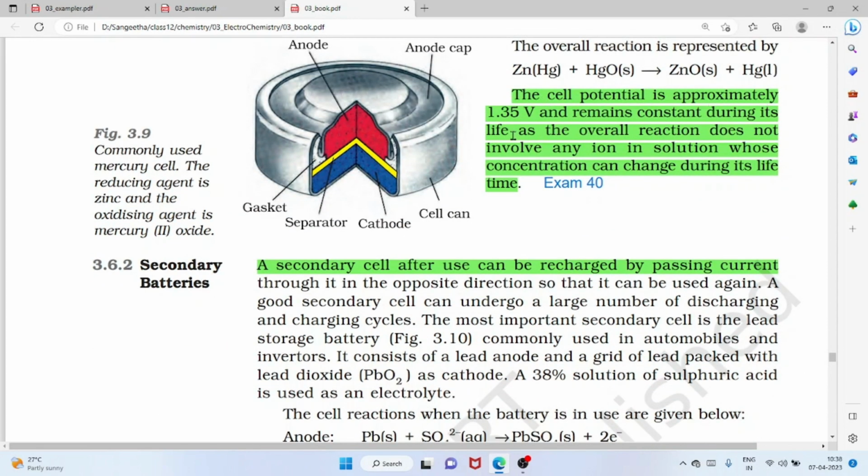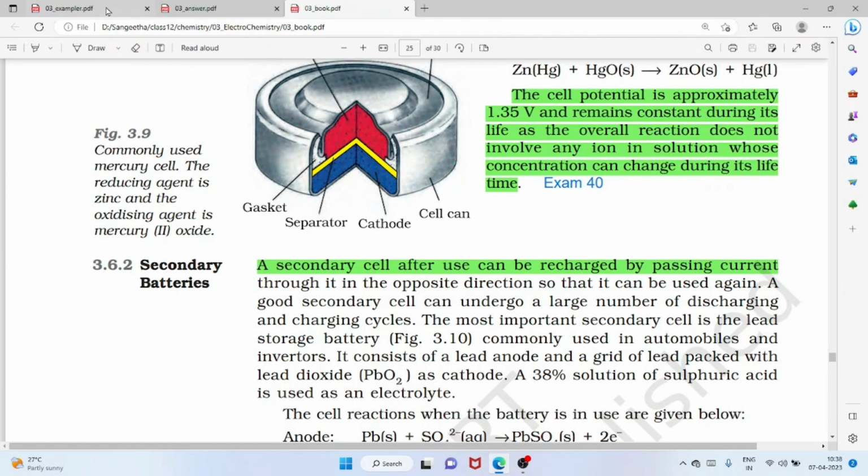The cell potential is approximately 1.5 volt and remains constant during its life as the overall reaction does not involve any ion in the solution.